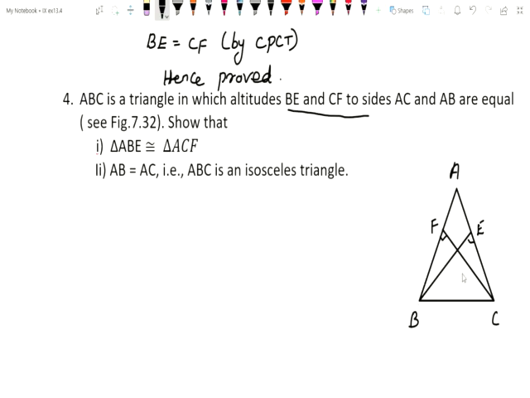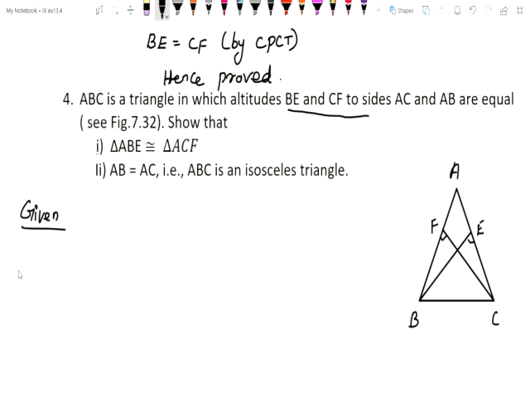BE and CF are equal. So we need to prove triangle ABE congruent to triangle ACF. So what is given in the question?